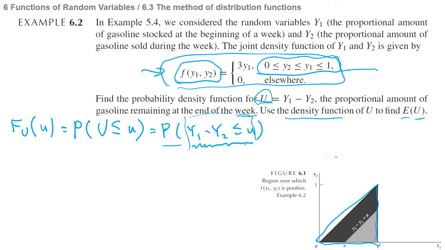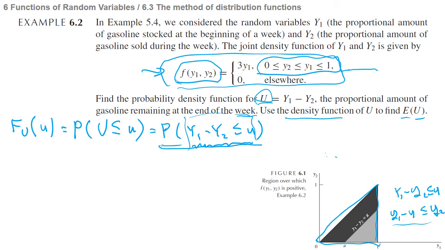And what we want to calculate is the probability that Y1 minus Y2 is less than or equal to u. So we want to find the region where Y1 minus Y2 is less than or equal to u. What would be the region for this? Here Y1 minus u is less than or equal to Y2.